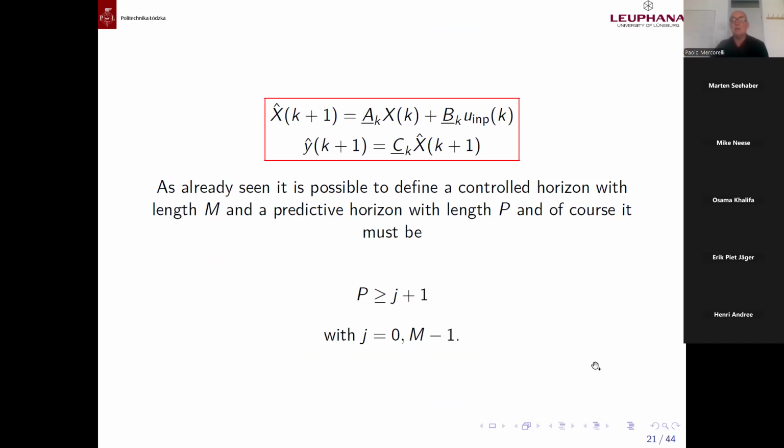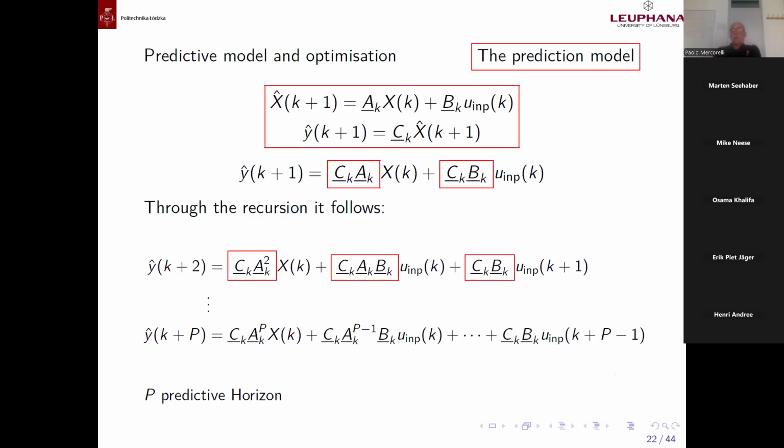The model, as I told you, we will see now that we will distinguish, not in this lecture, but in the general approach, two prediction horizons: the control horizon and the predictive horizon. Now it's a little bit more complicated here, but not so much, in order to show you the structure of the prediction at P, in which P is the predictive horizon. Again, today, since I don't have much time in this course, I will consider the predictive horizon equal to the control horizon.